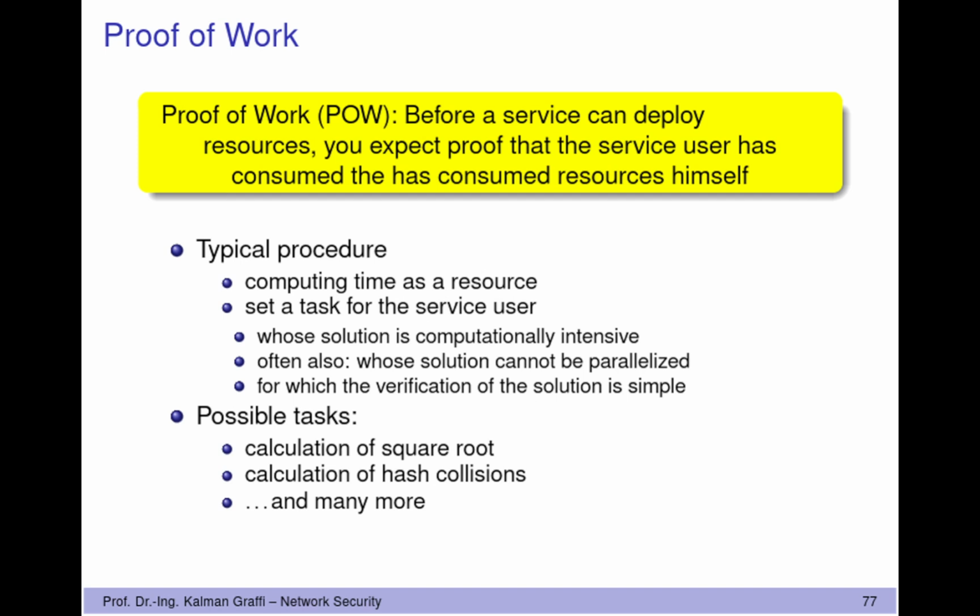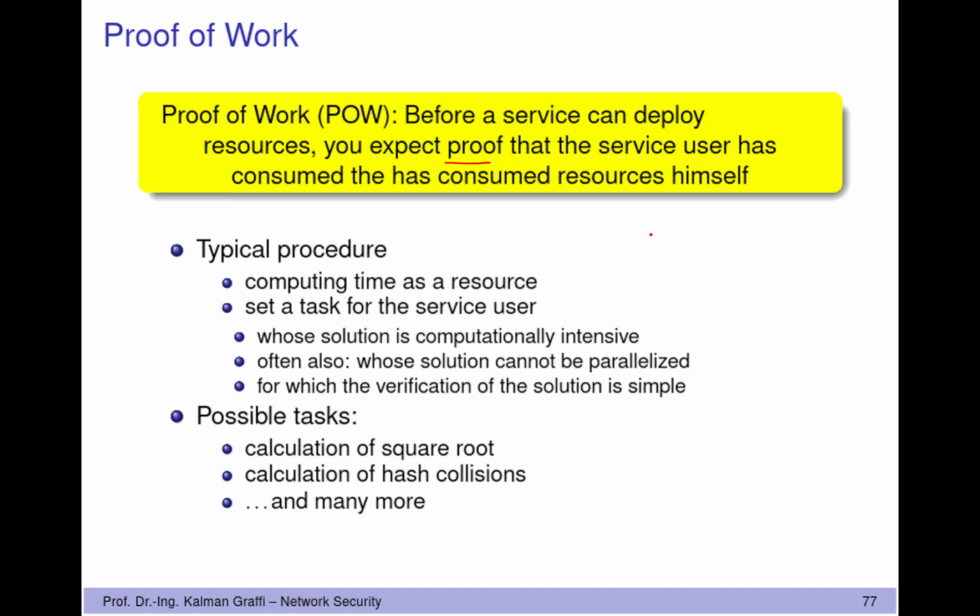Sometimes it has been proposed that in order to increase the cost at the user side for requests that you want to limit, but only for those who send out millions of requests, you can introduce some kind of proof that the service user has consumed resources himself.